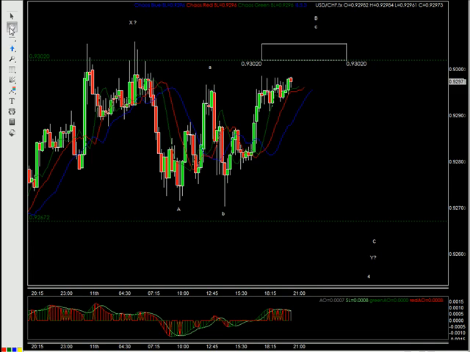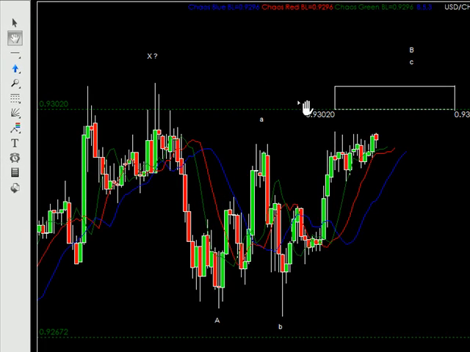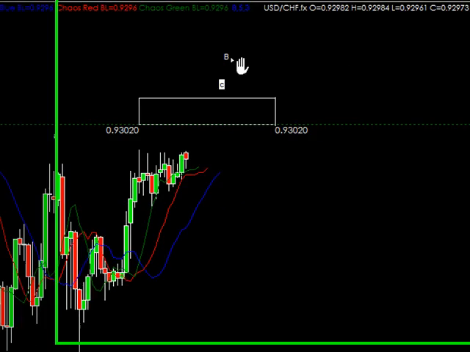So using this mode of counting, I am expecting prices to move up to the region here to complete my wave C of B.